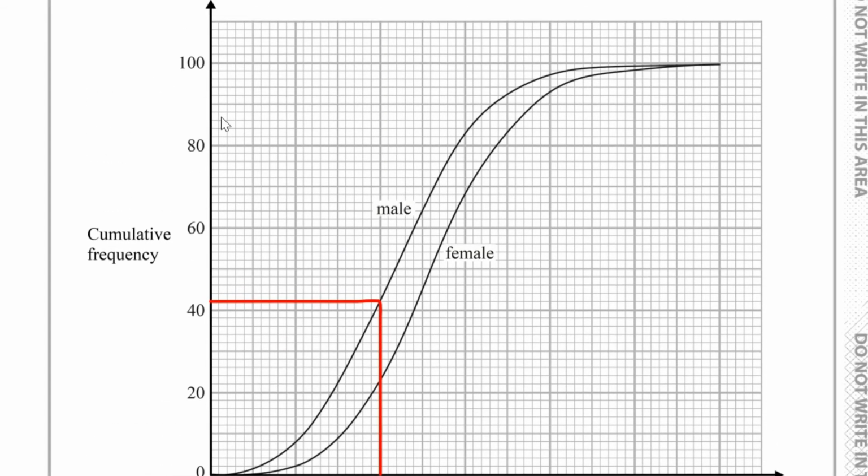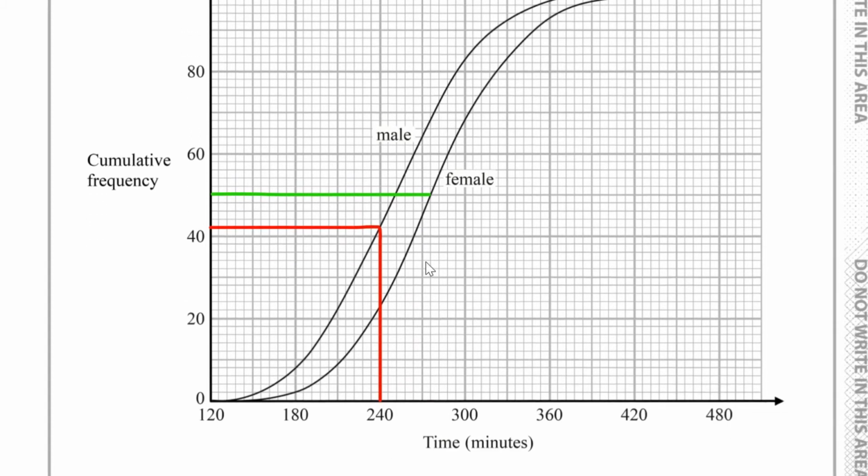First of all, to find the median, well, 100 divided by 2, that's 50. Well, let's just do the median in green actually. So 50, that is over here.